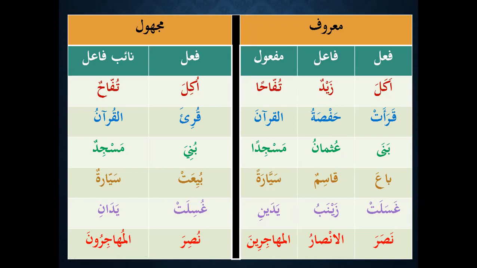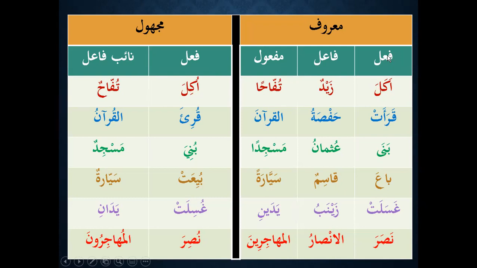So that is why this is akala. Anything that comes after the fa'il, it doesn't have to be right here, it can be in whichever position in the sentence, first, second, third, whatever, that would be the doer of the fi'il if it is ma'ruf, or naib fa'il if it is majhool form.